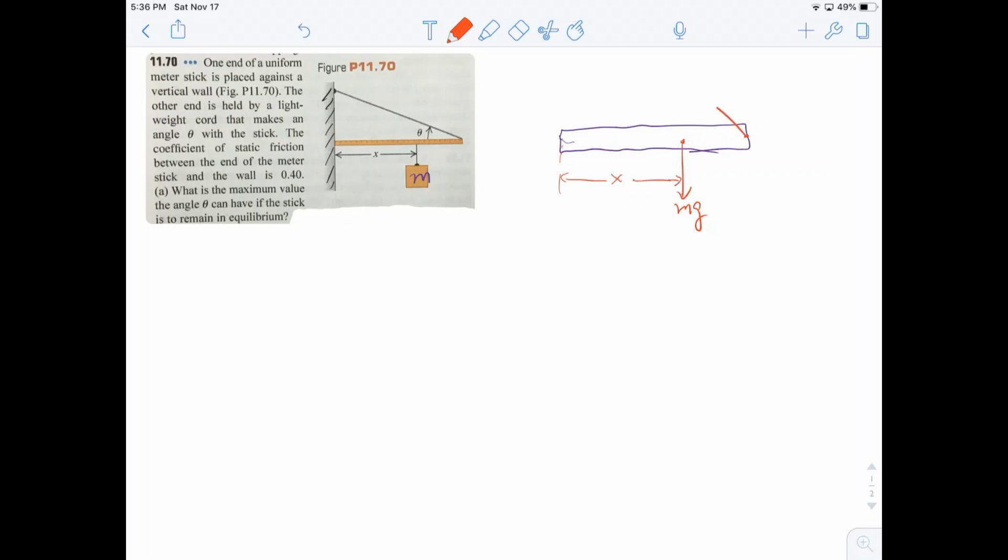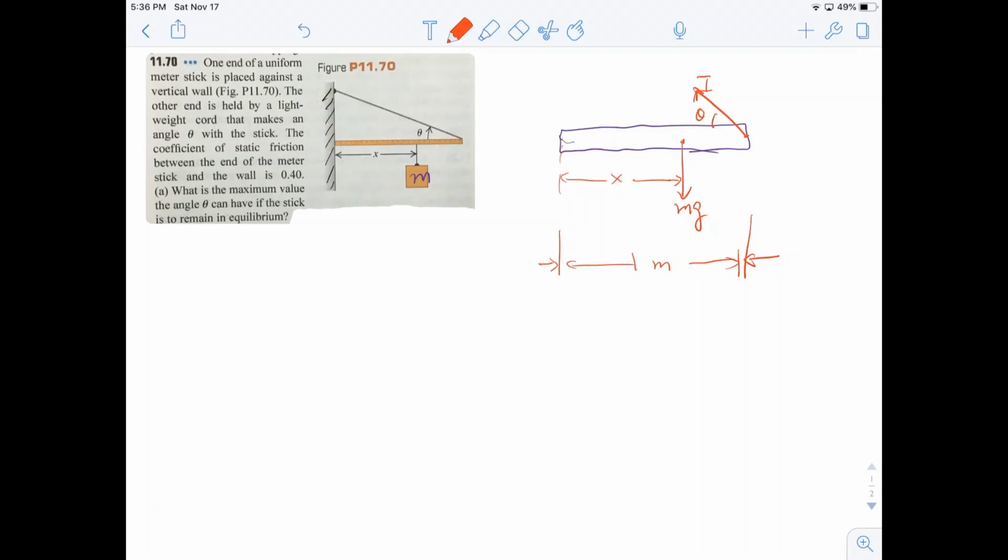We have the tension force that makes an angle of theta with the meter stick, and the total length of the meter stick is 1 meter.